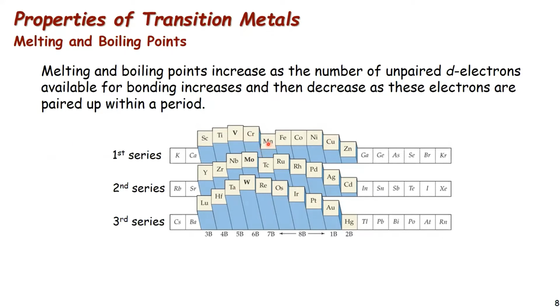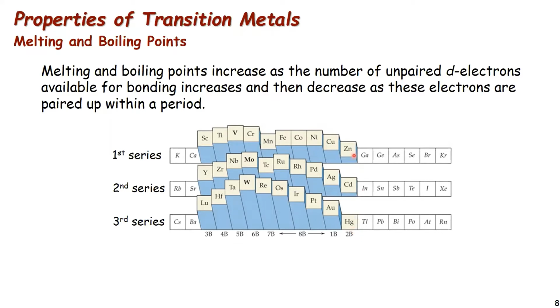So manganese would have 5 unpaired electrons. But then we start to pair them up again, right? So now one of the electrons is getting paired up. So there's only 4 unpaired electrons in iron, 3 unpaired electrons in cobalt, 2 unpaired electrons in nickel, 1 unpaired electron in copper, and there are no unpaired d electrons in zinc, cadmium, or mercury.